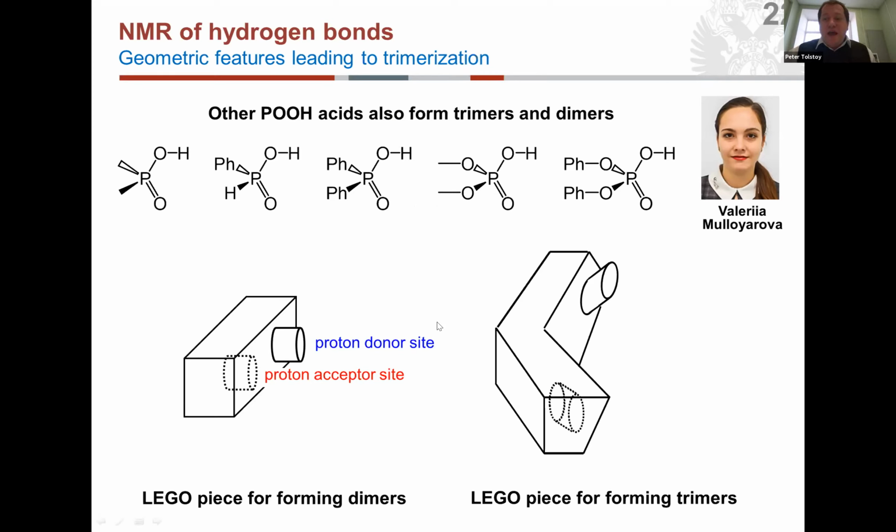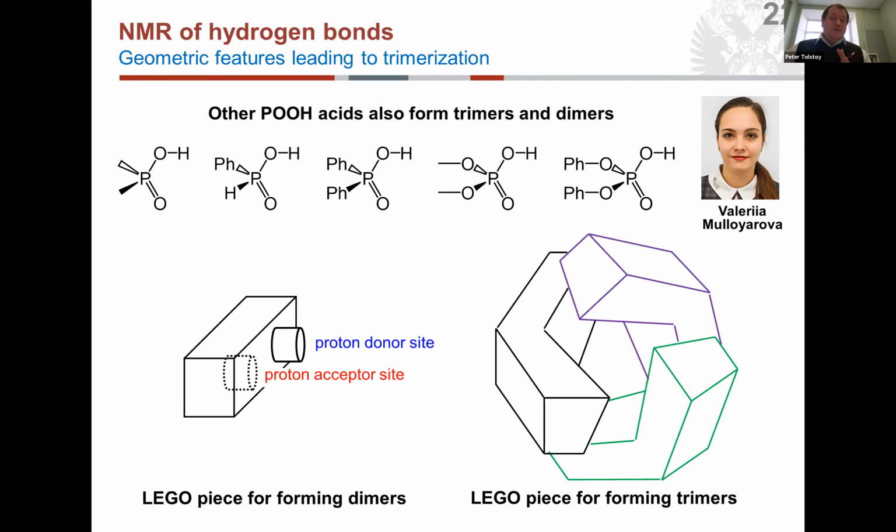Now, the phosphinic acids look like a Lego piece, which Lego does not produce, such a weird shape, but here the proton donating ability and the proton accepting ability are located at a weird angle. So formation of a dimer is not as preferential, but formation of a trimer can be done.